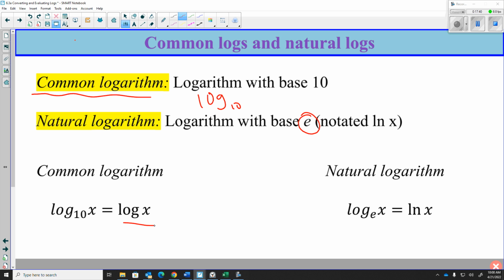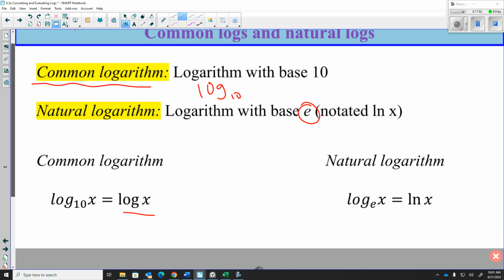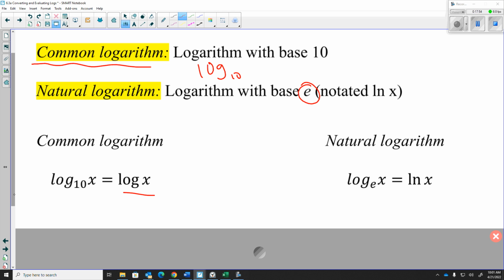It's probably Latin or Greek, I don't know. So anytime you see ln of x, that is a log with a base of e. Anytime you see log with no base, that's a log with a base of 10.